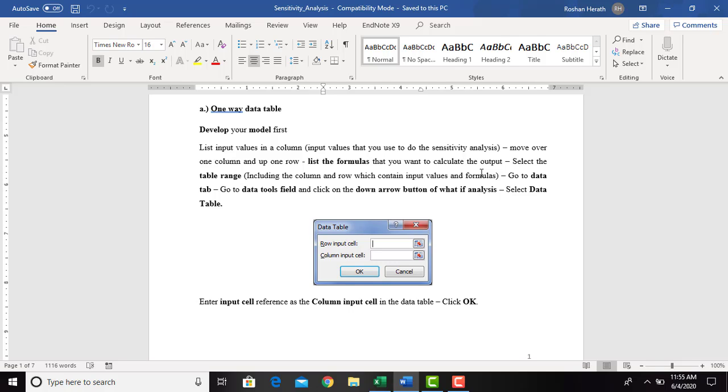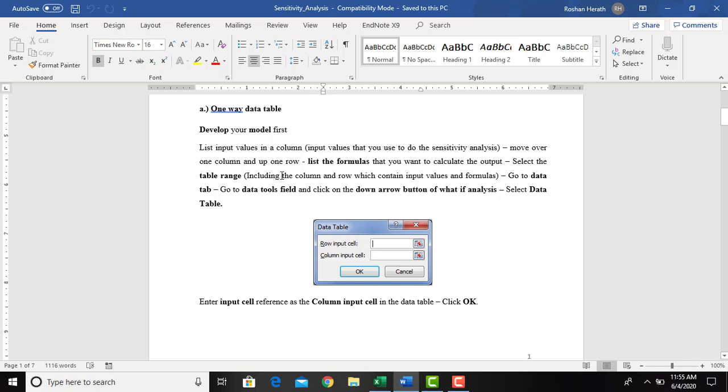So when it comes to this one-way data table, or even the two-way data table, the development of the structure plays a crucial role. I'll be taking you through that with a particular example, then you will be familiar with it.